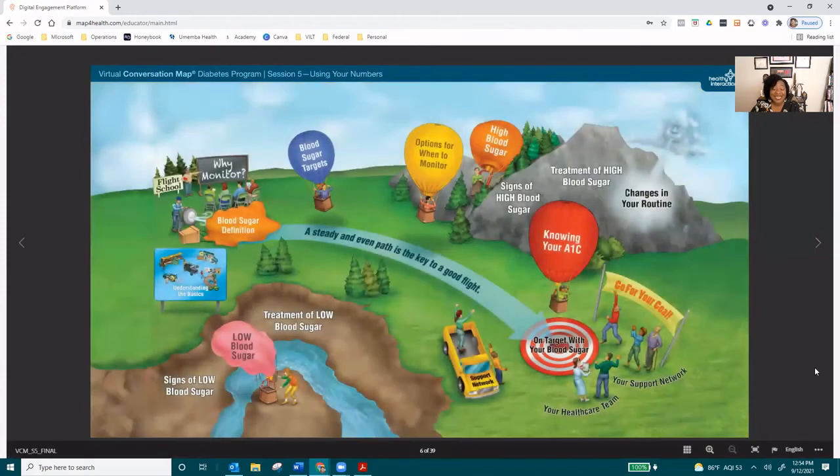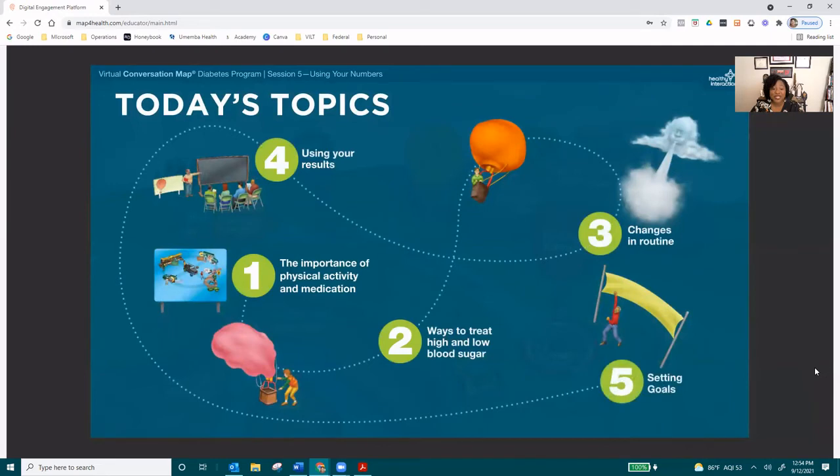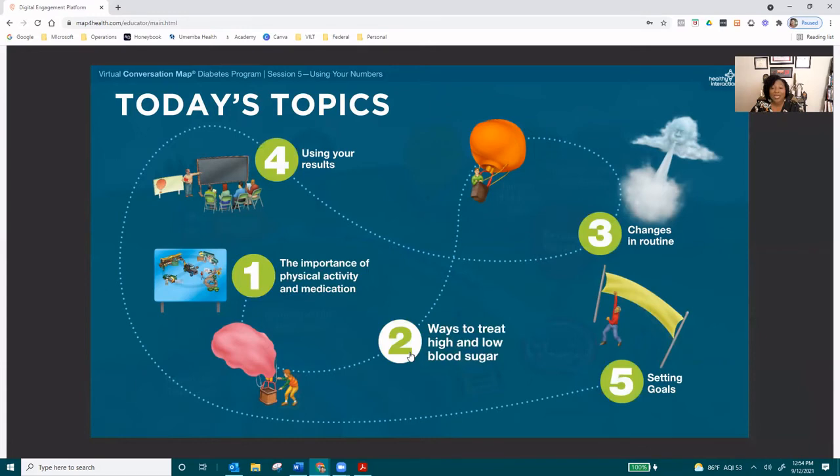So revisiting a former map, session 5, we talk about using your numbers. And for session 5, our topics include the importance of physical activity and medication and their effect on your blood sugar. We talk about ways to treat high and low blood sugar. We talk about changes in your routine, how to use the results of your blood sugar to manage or advise or inform how you manage your diabetes.